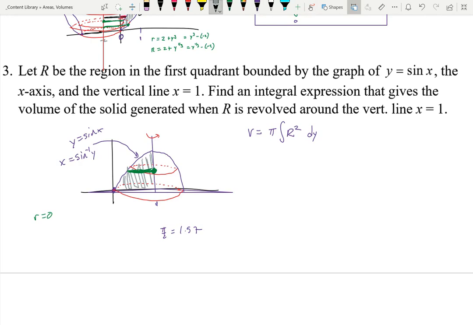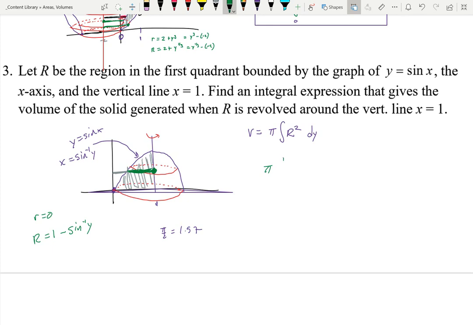Now, the radius is not the inverse sine of y because, once again, the inverse sine of y is actually that length. So what is this? It's 1 minus that. So my radius is going to be 1 minus the inverse sine of y.